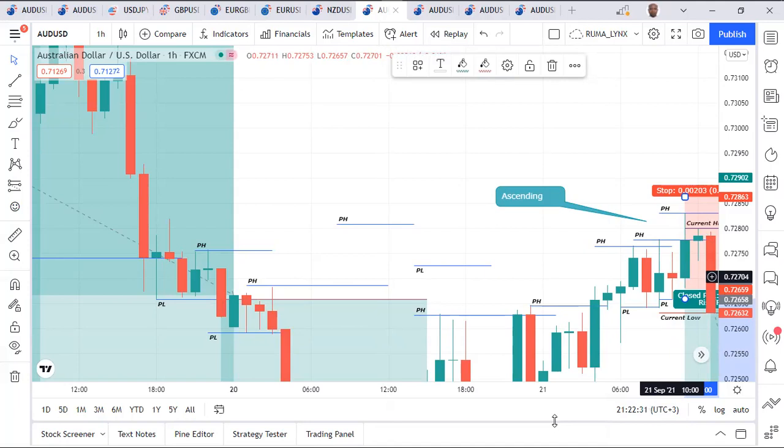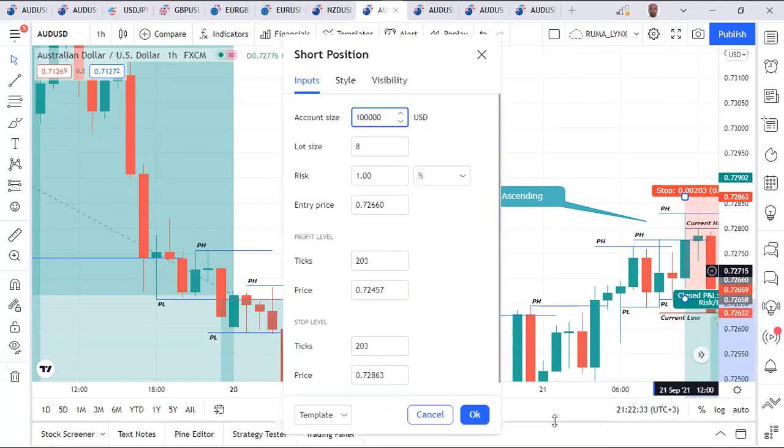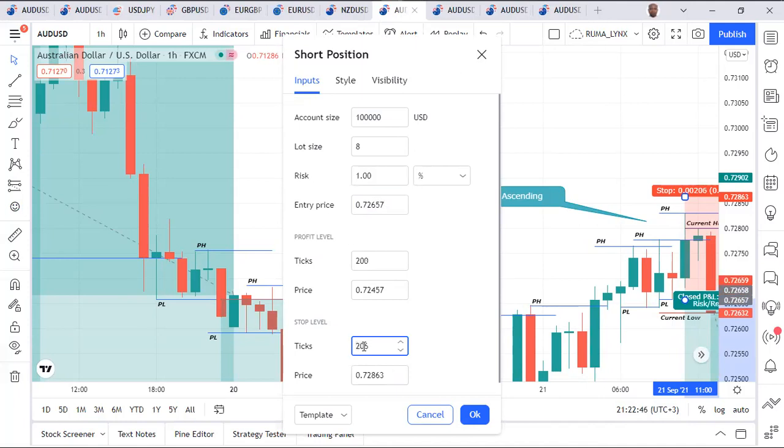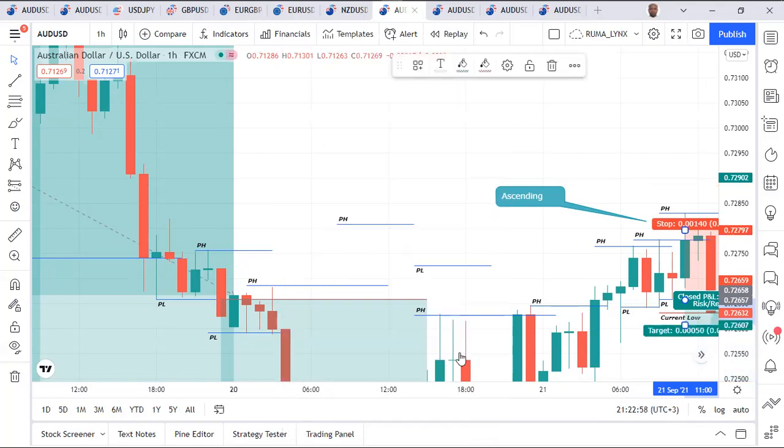That's our entry point, 0.72657. Depending on your testing and your back testing, you put the stop loss depending on your risk appetite. So in my particular case, I usually put 14 pips. And then we see how the market takes us from there.